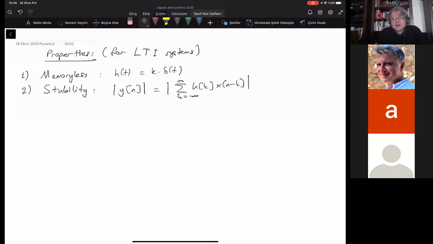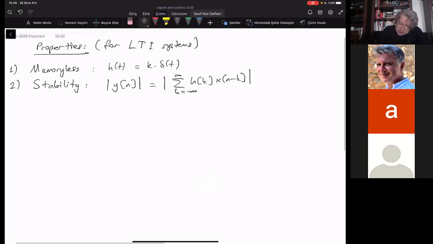You may find this way of writing the convolution non-orthodox because previously I was writing it like x of k, h of n minus k. You can also write it like that, but x convolution h and h convolution x does not matter. So this is also the convolution formula. And when you think of it like this, there is a triangular inequality which indicates that this is less than or equal to the summation k from minus infinity to infinity of the absolute value of h of k, x of n minus k.